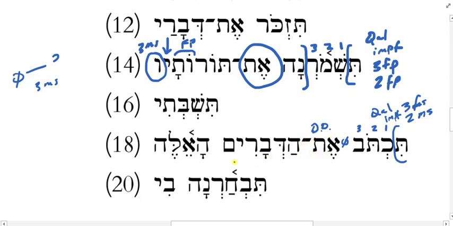Ha'et ha'devarim ha'ele. It's the words, the ele is these. The words, these. How do I translate that? These words. Yes. So she will write these words or you will write these words.